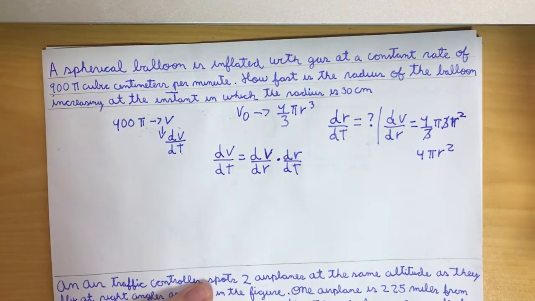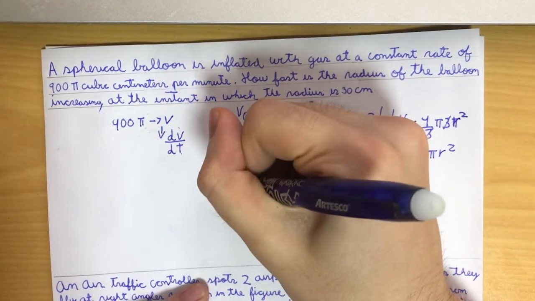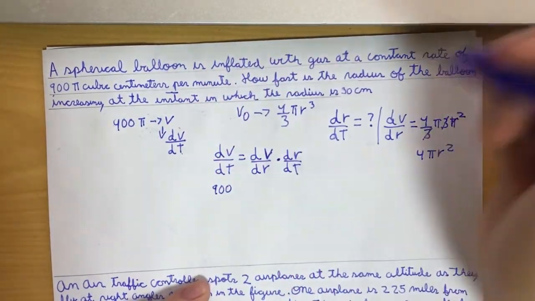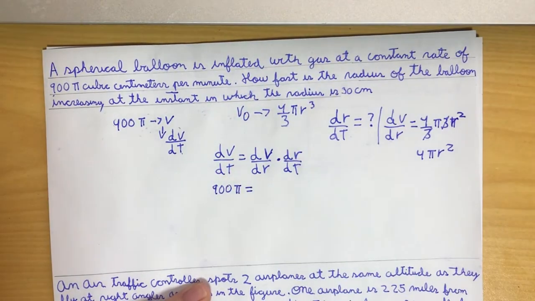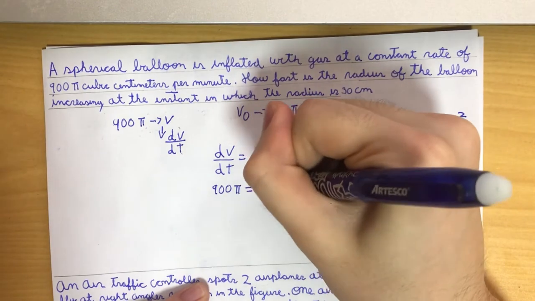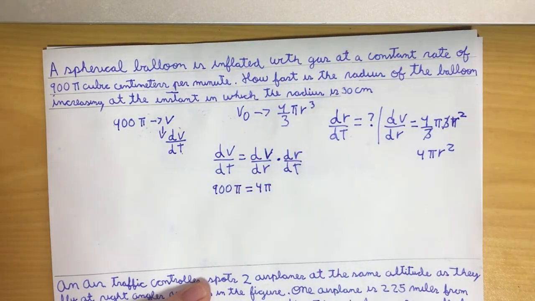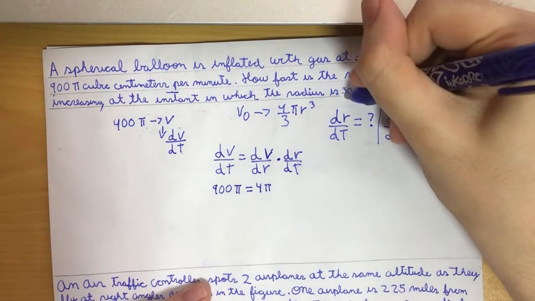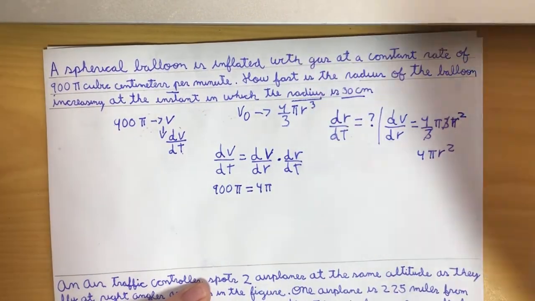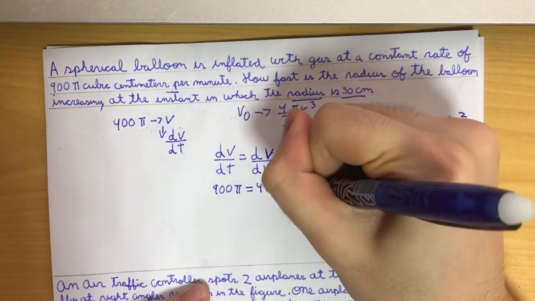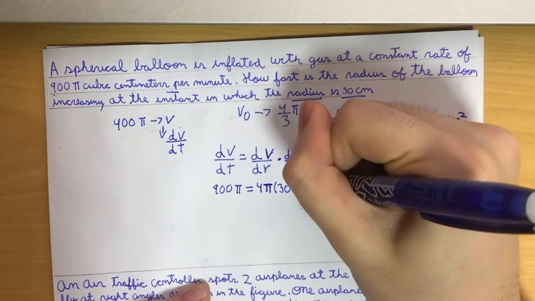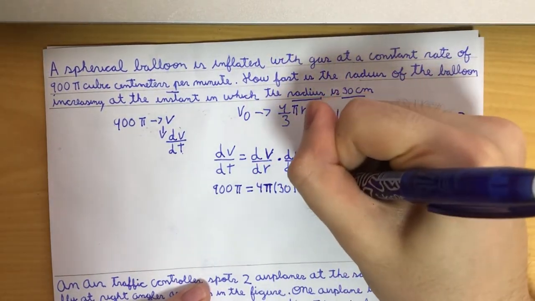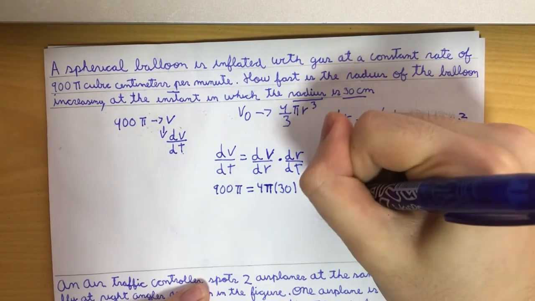We are almost complete. And then we just plug in the numbers, so it would be 900 pi equal to 4 pi. And what is r? We have another variable. We don't know what r is, but you know the radius is 30 centimeters. So let me write this pi a little clearer so you can understand it, and then multiply dr over dt.